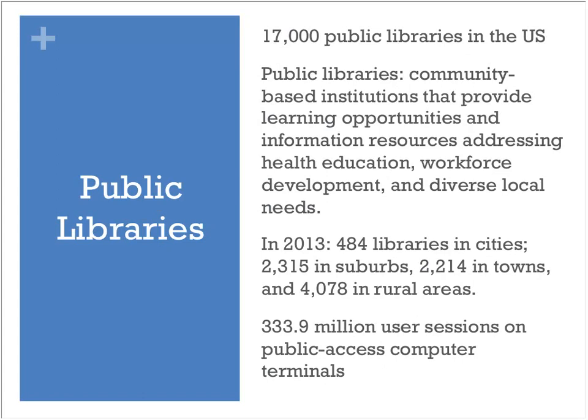And going back to 2013, which is the latest data we have, we were able to identify almost 500 libraries in cities, over 2,300 in suburbs, over 2,200 in towns, and over 4,000 in rural areas. So the majority of public libraries serve populations of fewer than 25,000 people.